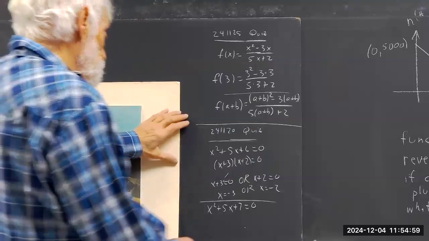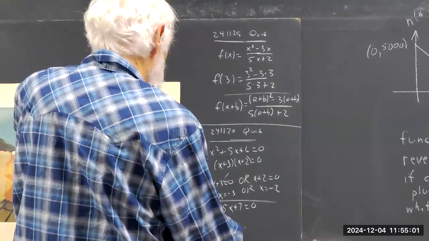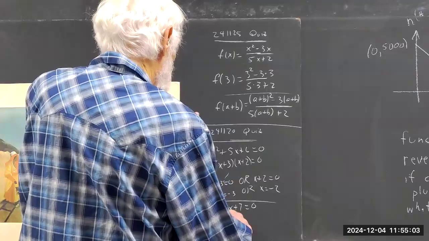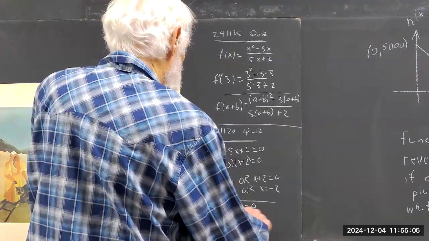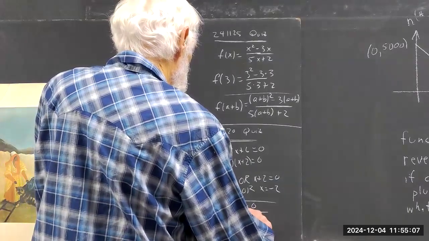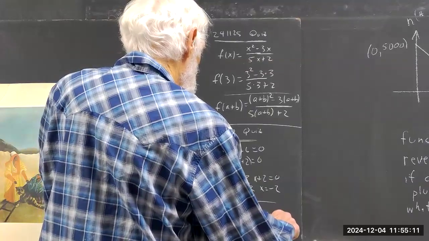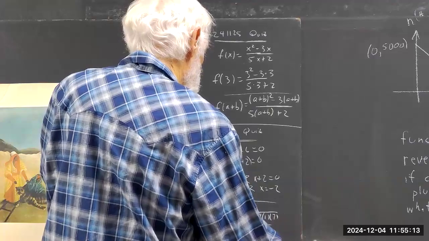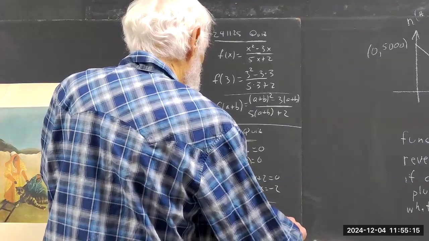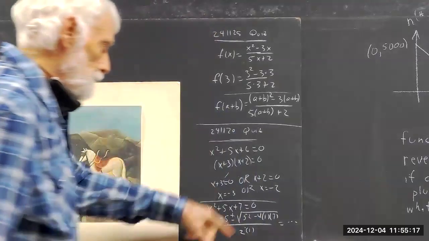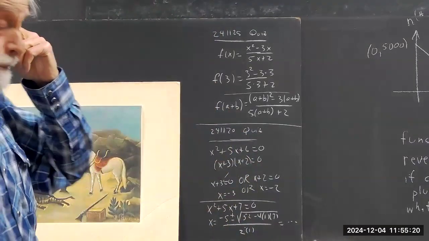Okay. So you get here x equals -5 plus or minus the square root of 5 squared minus 4 times 1 times 7, over 2 times 1. And then you simplify that.